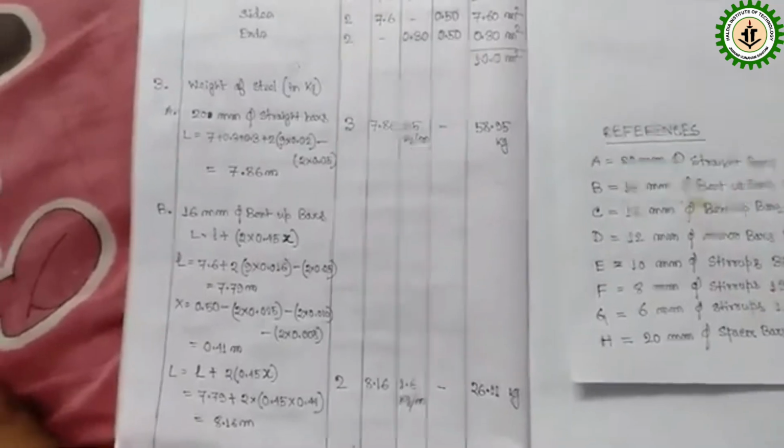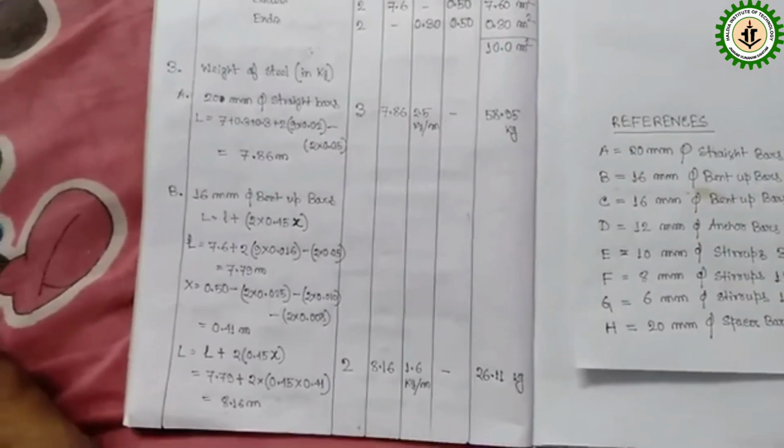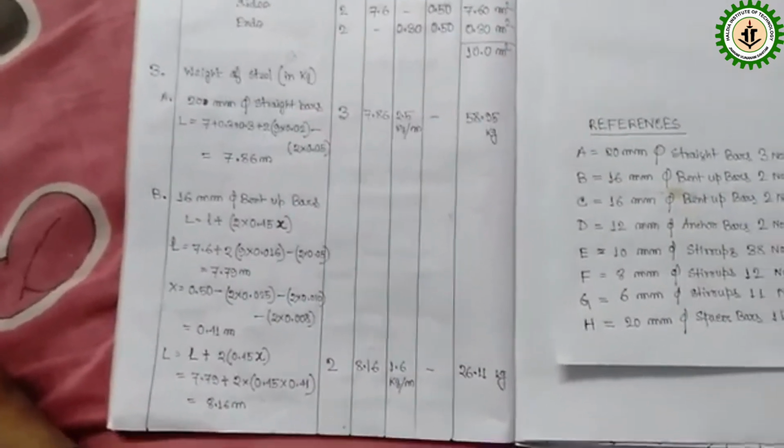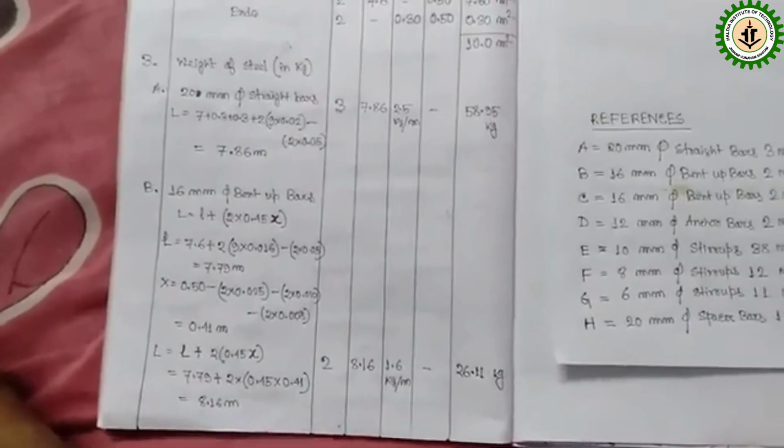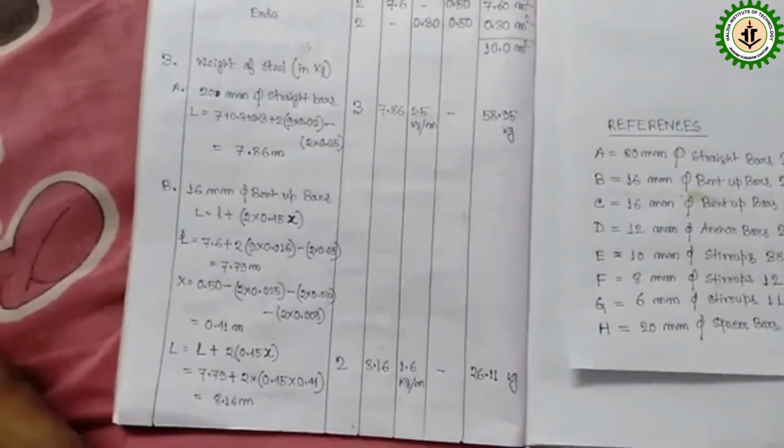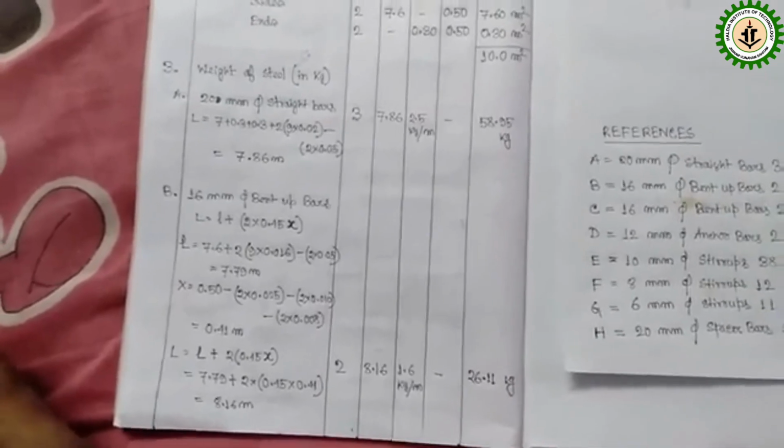The formula that I have already told you, that is straight length plus 2 into 0.45x. For straight length we have to follow the previous method, but the diameter of the bar has changed.